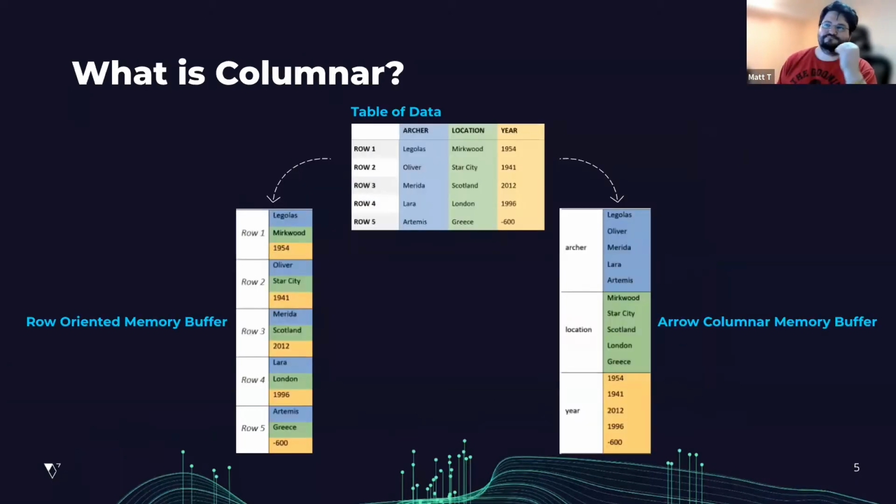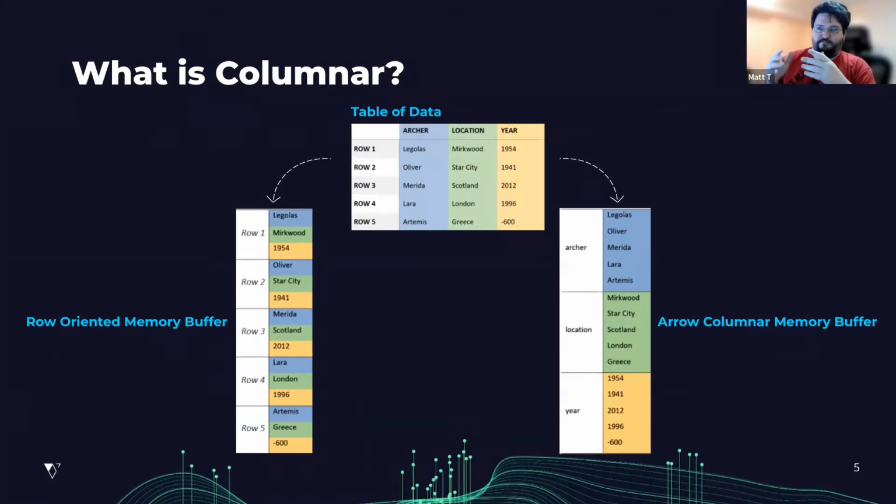So let's talk about why Arrow gets that benefit. What are the benefits here? To do that, we need to talk about column-oriented memory first. What is columnar? Columnar is a way of representing a table of data. You can see here we have an example of a table, and on the left side you have your traditional row-oriented buffer of memory.